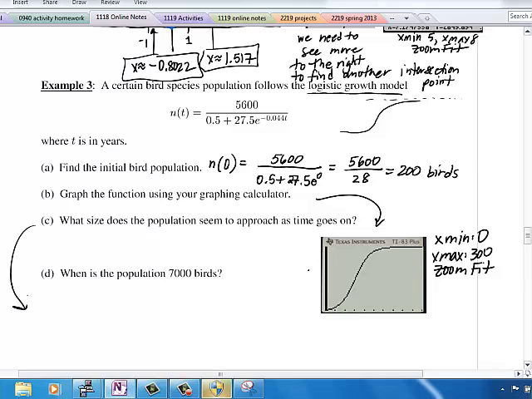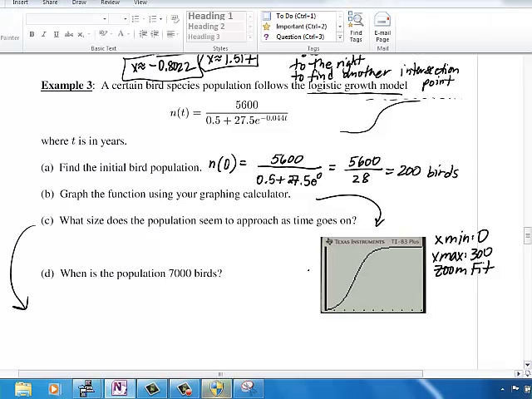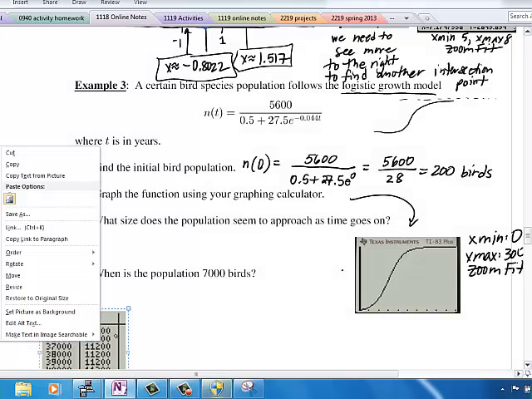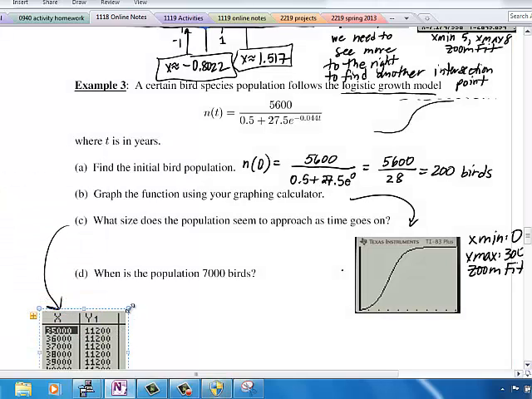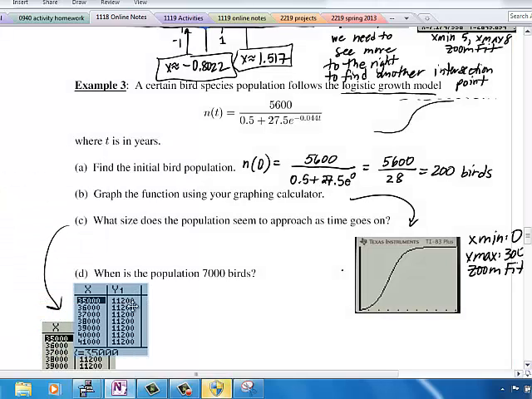So based on that table, we're going to level off at 11,200 birds.